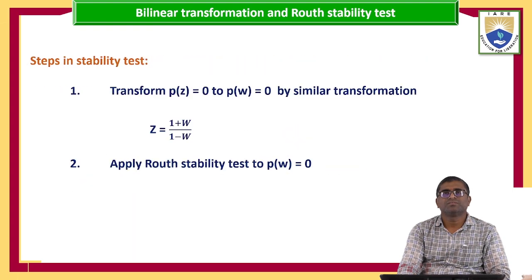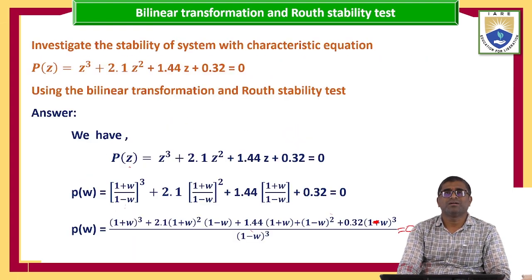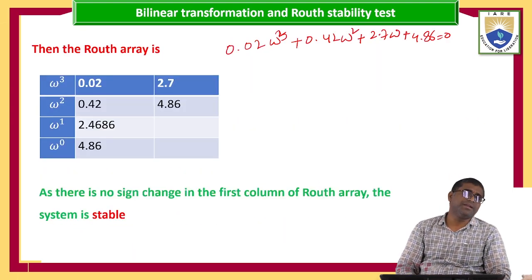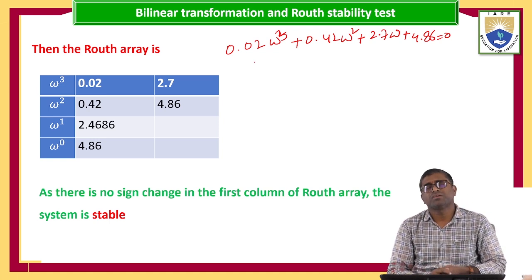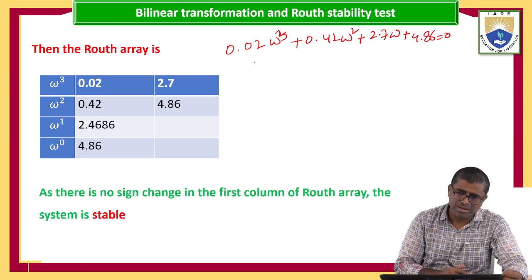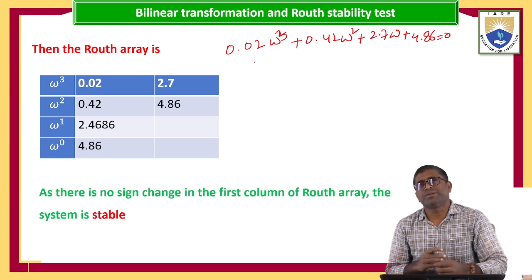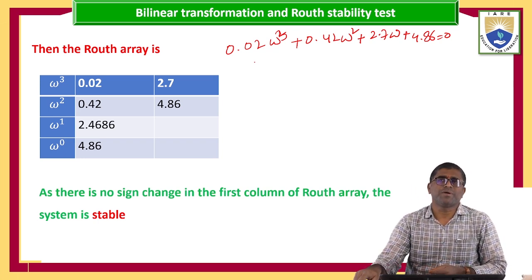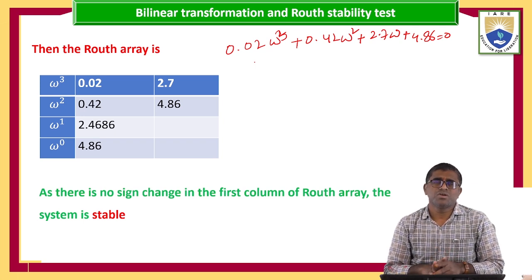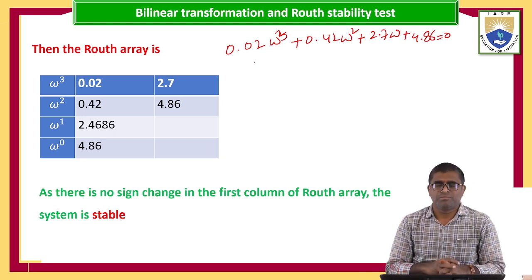After putting this z value, we get the bilinear transformation equation: 0.02 omega cube plus 0.42 omega square plus 2.7 omega plus 4.86.